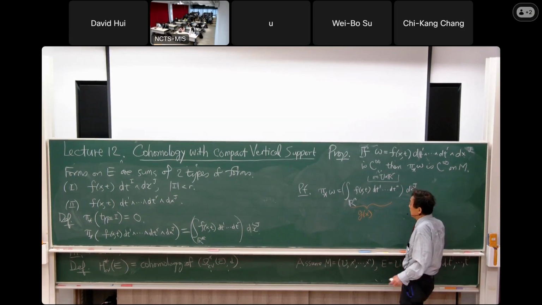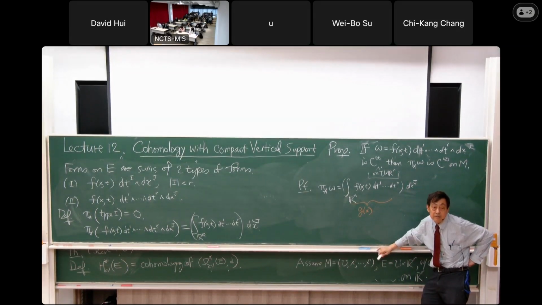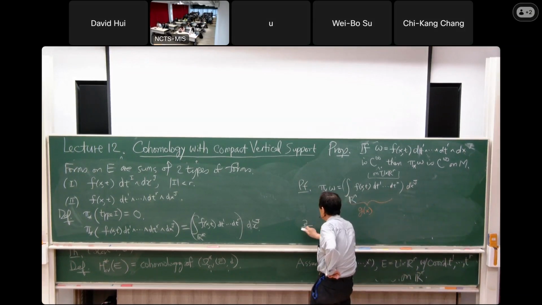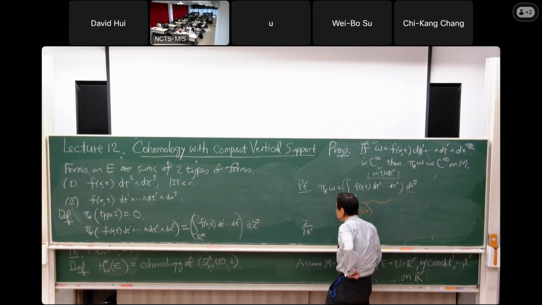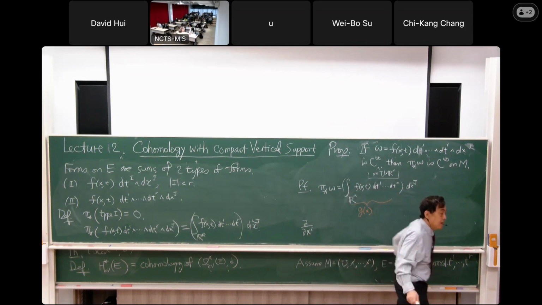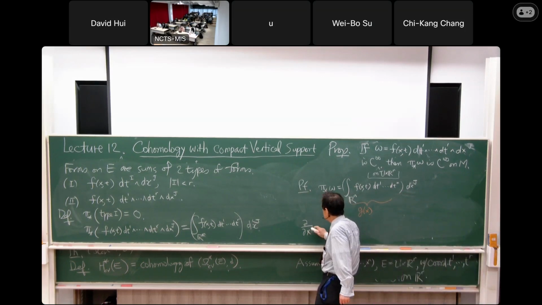So we have to show that g of x is C infinity with respect to x, and we can do that by showing that the partial derivatives exist. So let's take the partial derivative with respect to, say, xj.